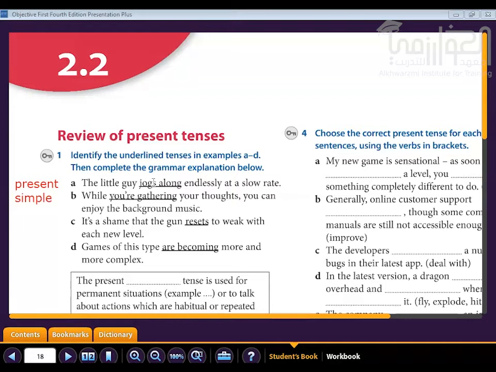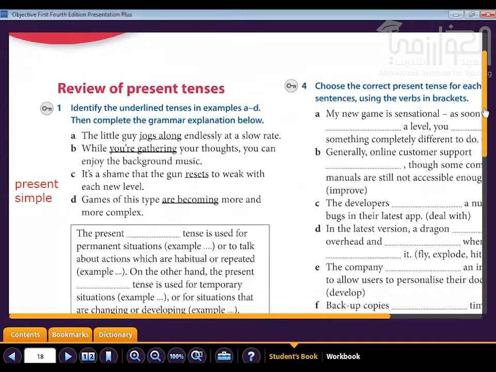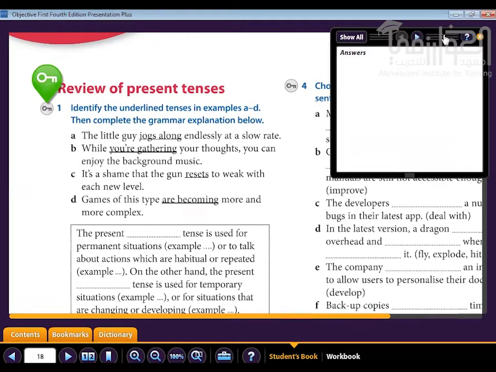Okay, now let's pause the recording while you look for the tenses in B, C, and D. Pause the recording while you do that. So let's now look at all the answers.